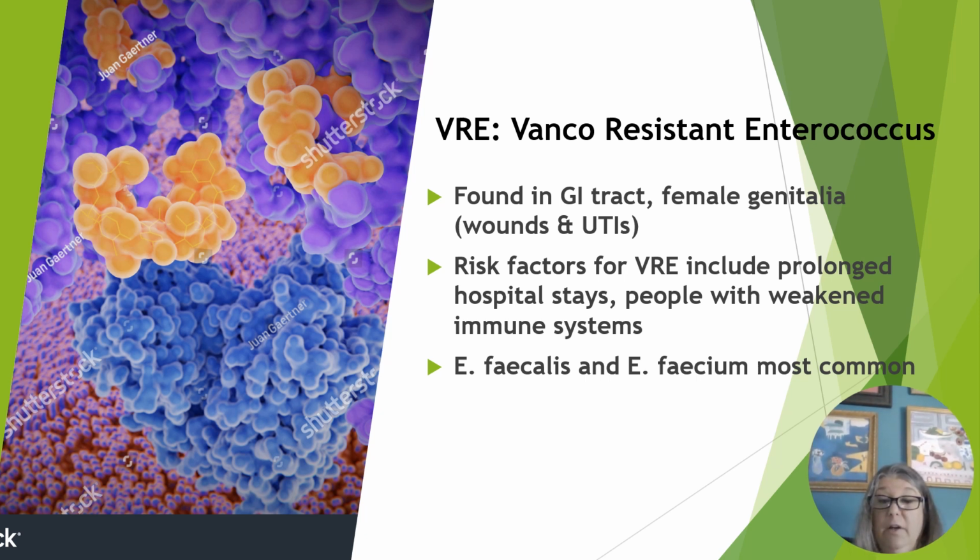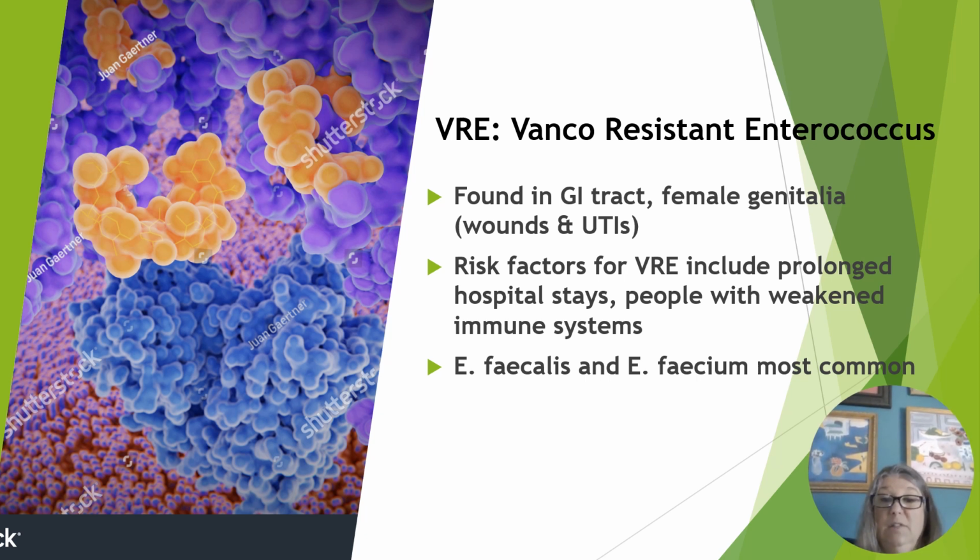This is VRE, so vanco-resistant enterococcus. So enterococci bacteria normally live in the GI tract and the female genitalia tract, and are also found in soil, water, and food. Risk factors for VRE are very similar to those for MRSA. All of these MDROs are going to have similar risk factors, right?